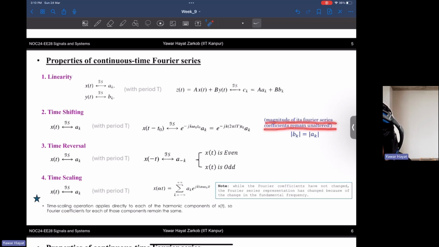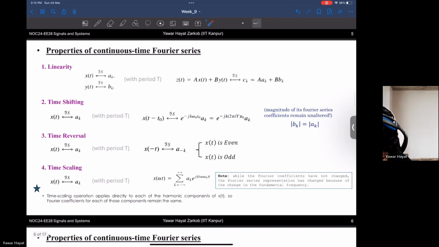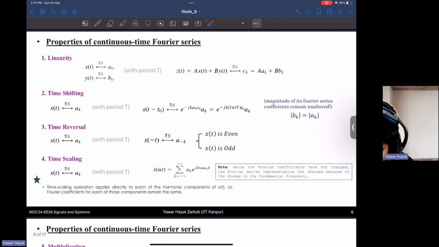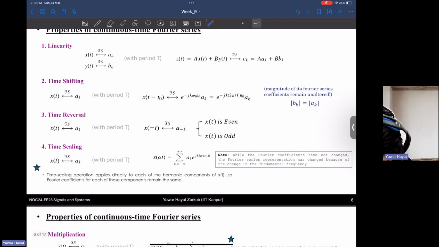You notice that the magnitude of the Fourier series coefficient remains unaltered. The only change is in the phase. This part is what is changing, the phase.